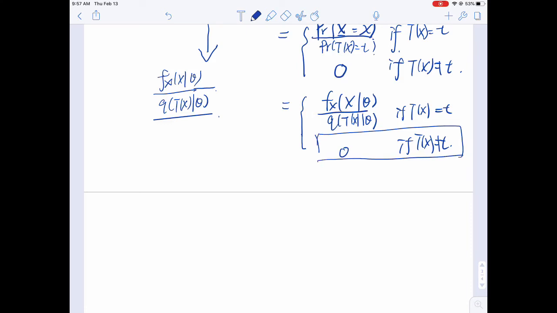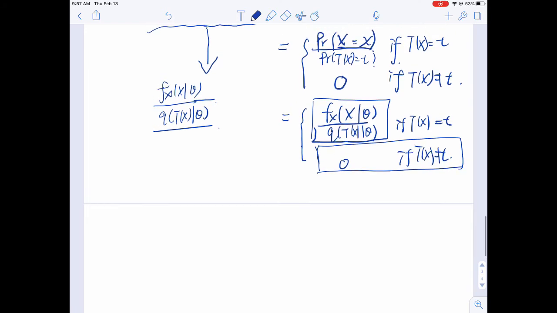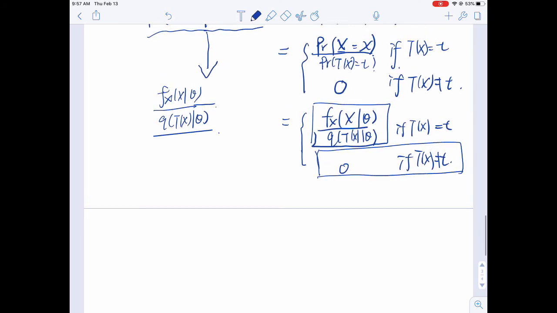All you need to worry about is whether this ratio is a function of theta or not. With the theorem, to show that a statistic is sufficient, you don't need to consider the separate cases when T(X) is equal to t and when T(X) is not equal to t.